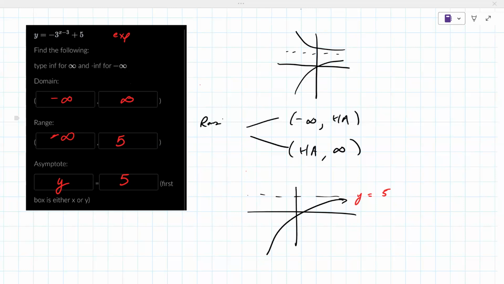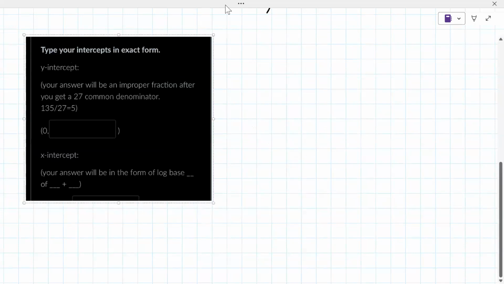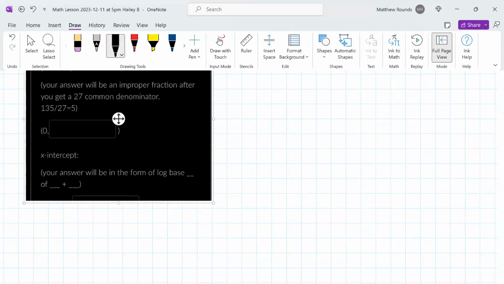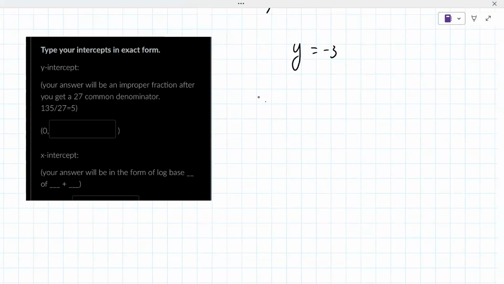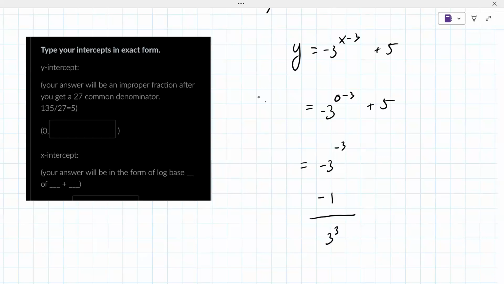All right. So next boxes to fill out here, we're going back to the original thing. It says y equals -3 to the x -3 plus 5. You're putting 0 in for x. So this is -3 to the -3 power, which is really -1 over 3 to the power of 3.